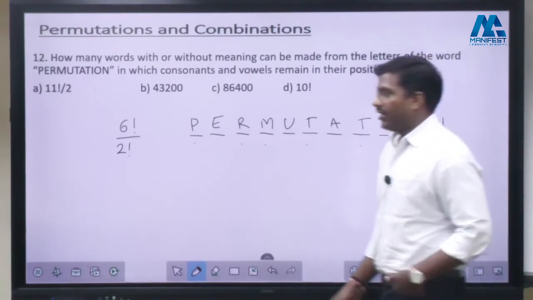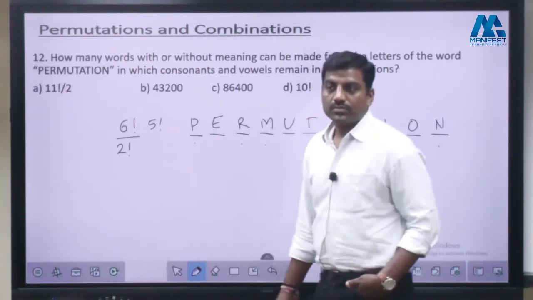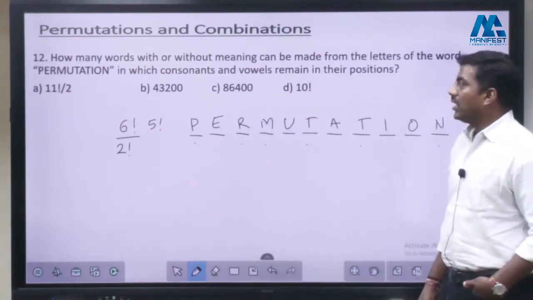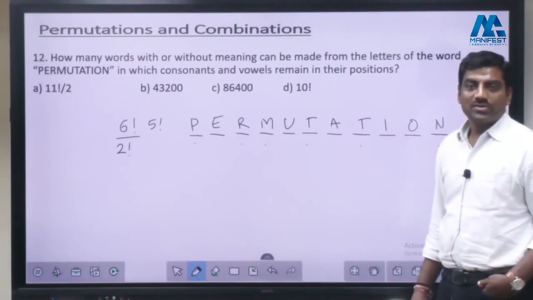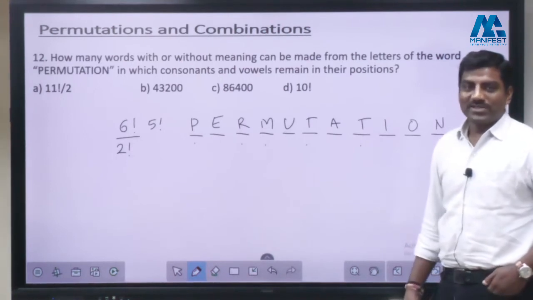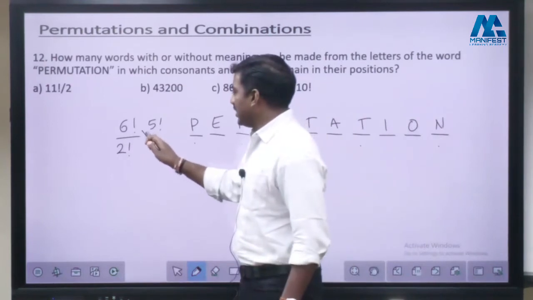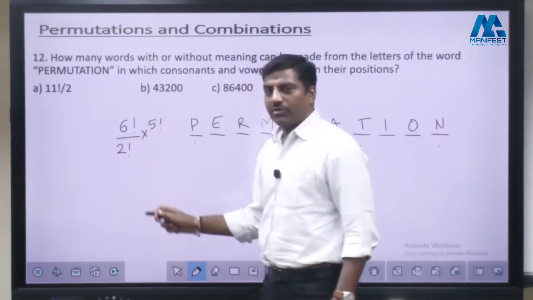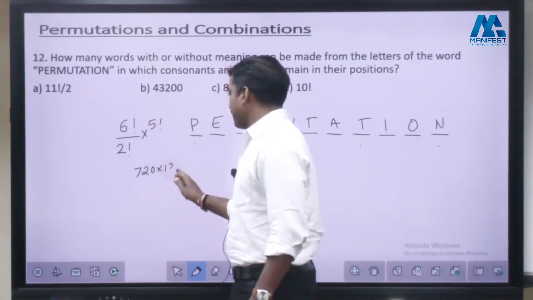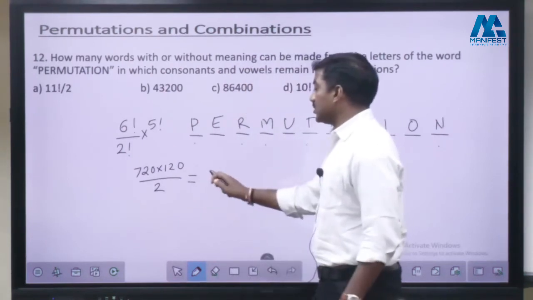How many? 5. Repetition? A-E-I-O-U, E-U-A-I-O. All are different, there is no repetition, right? So 5 factorial. Don't write anything in the denominator. So 6 factorial into 5 factorial divided by 2. This is 720 into 120 divided by 2. So what is the calculation? 43,200.